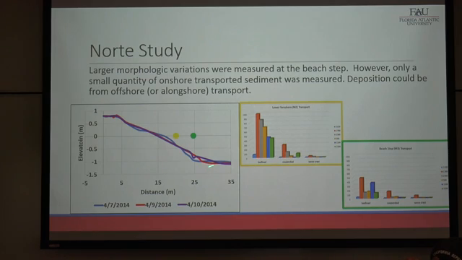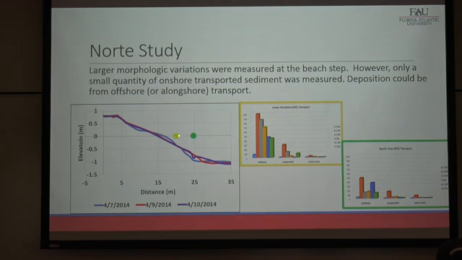If we look at the beach depth, you have a much smaller amount of onshore sediment transport occurring at this location. But there was accretion here. If you look offshore, it doesn't look like too many changes. So sediment's coming from somewhere and depositing at this beach depth.